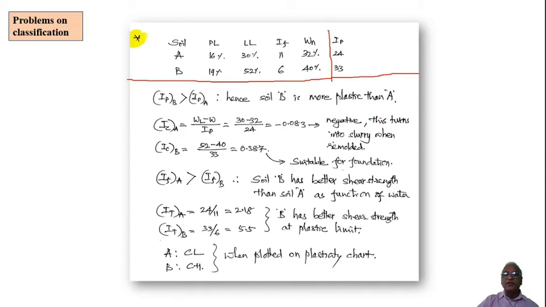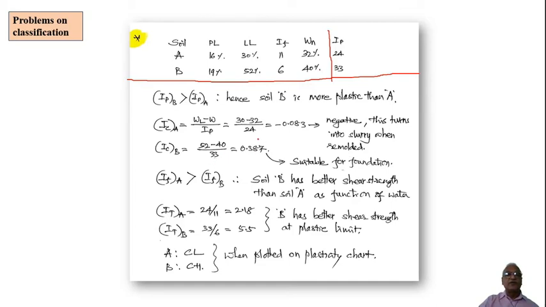This turns into slurry when remolded, meaning the water content is a bit more. Because of that, when it is taken and mixed with the hand, remolded, it becomes slurry. Okay. Again, the same consistency index for B: 52 is liquid limit, minus 40 is natural water content, divided by 33.